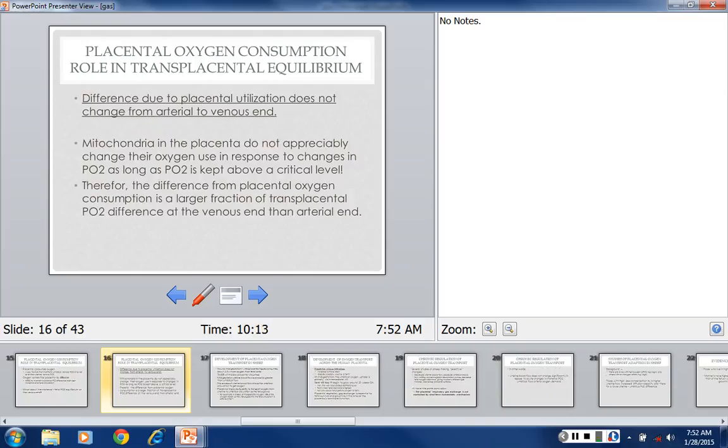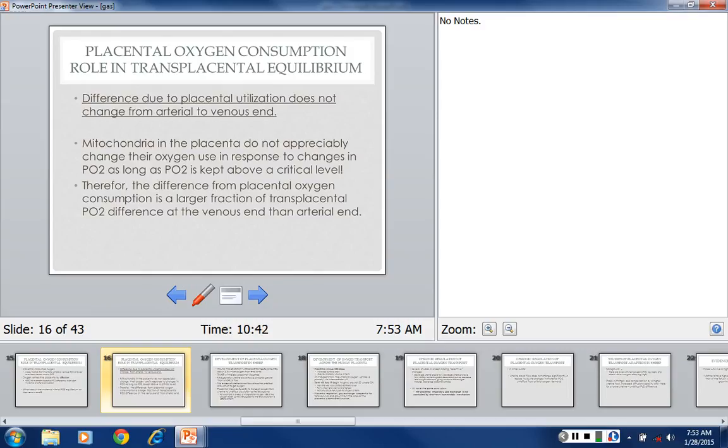There's a difference, because placental utilization does not change from the arterial to the venous end. So as the blood's flowing through, the amount of oxygen used by the placenta will stay stable no matter where you are in the flow. And the mitochondria in the placenta do not really change their oxygen use in response to PO2 as long as the PO2 is kept above a critical level.